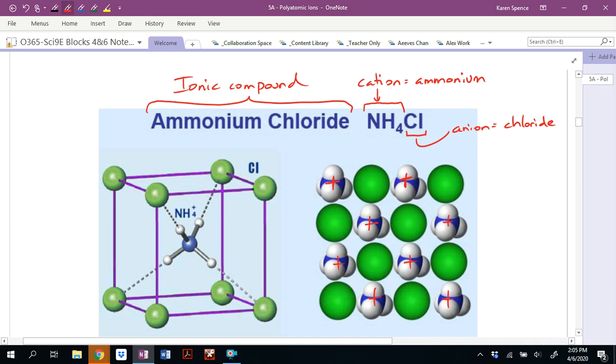And all of our chloride ions, if you recall, chloride is in group 17. So it will have 7 valence electrons, so it needs 1 extra, so it's going to be Cl minus. All of our chloride ions have a -1 charge. So in between the NH4 plus and the Cl minus, what kind of a bond do we have?